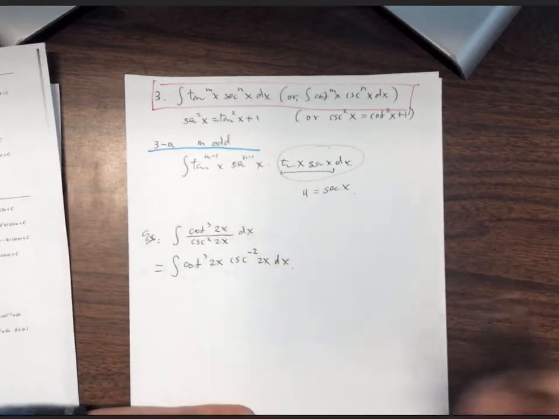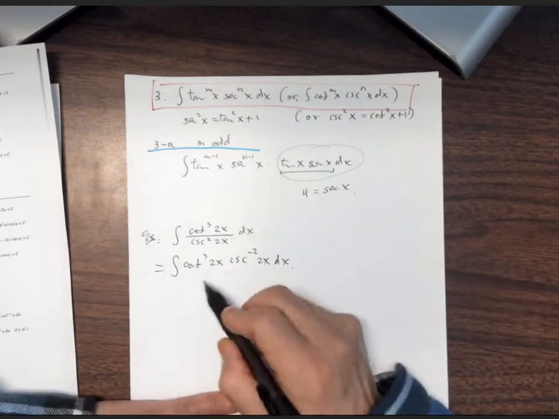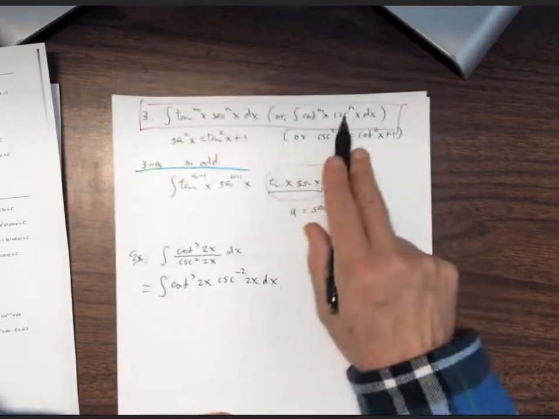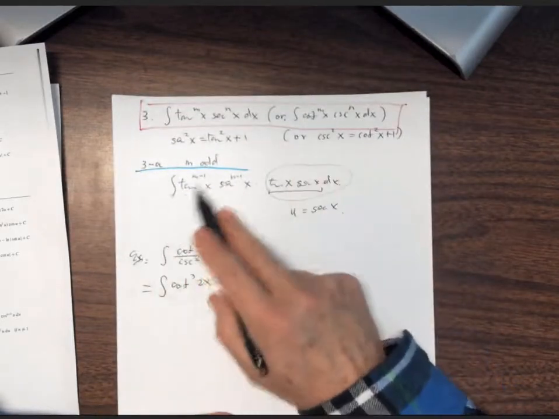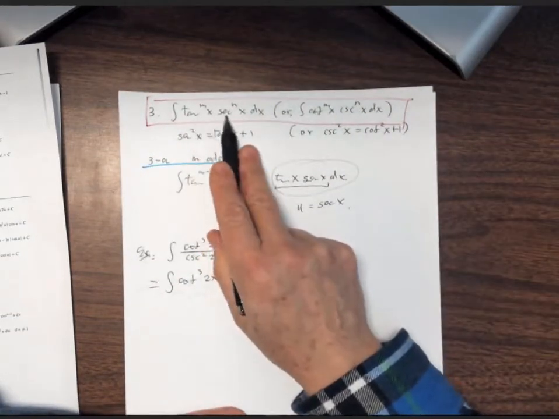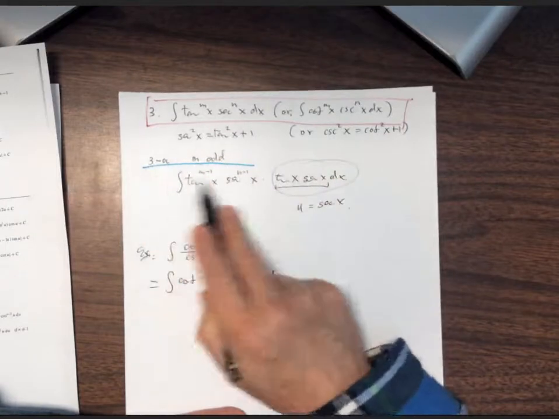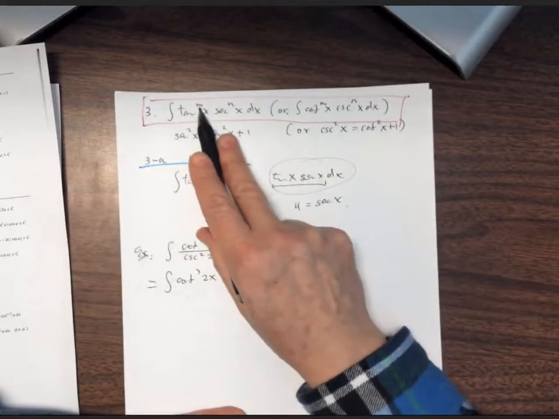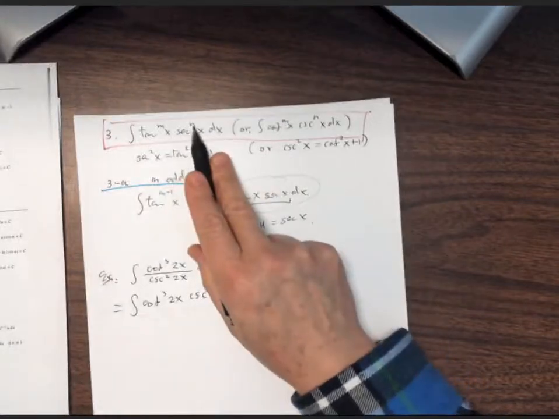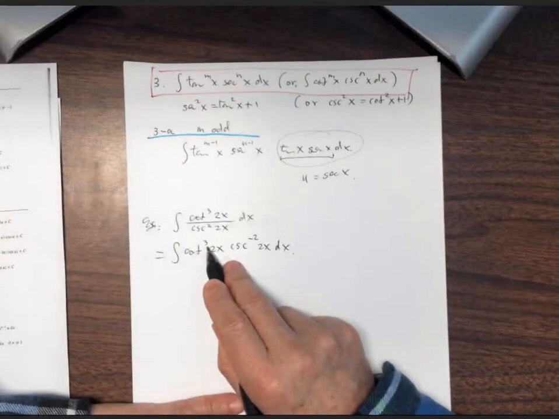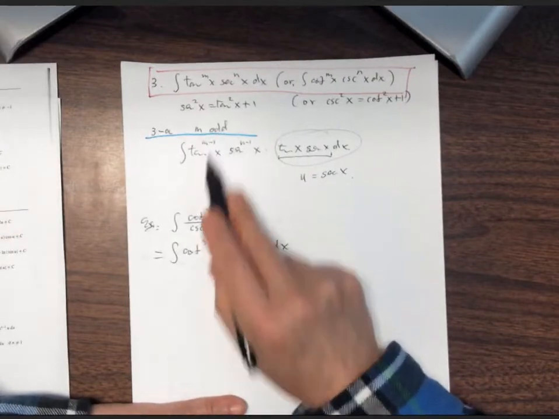So now we have exactly a power of a cotangent times a power of a cosecant. But how we classify is the same, whether you have a combination of tangent secant or cotangent cosecant. We all go by the power of the first one and the power of the second one. The power of the first one is called m, the power of the second one is called n. So let's see, the power of cotangent is odd, m is odd.